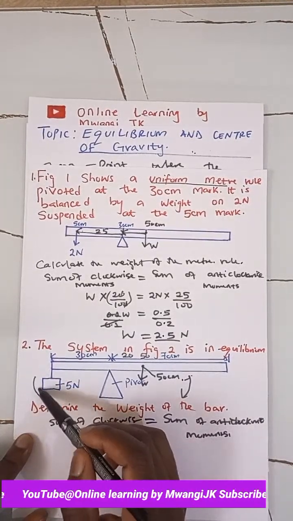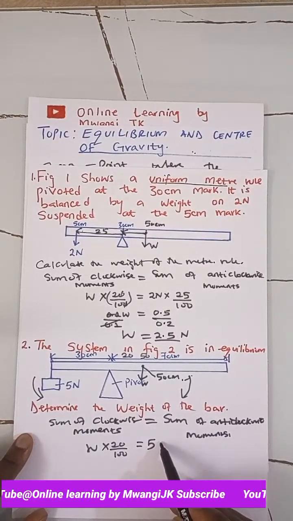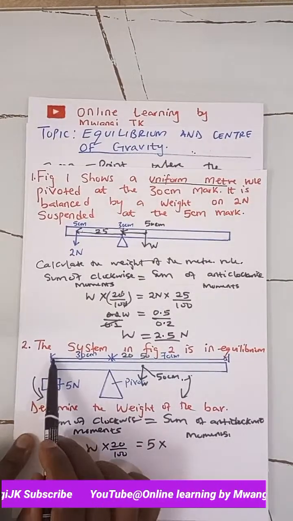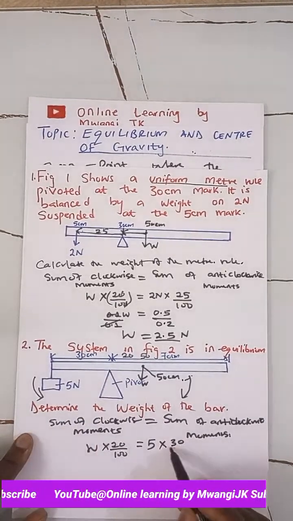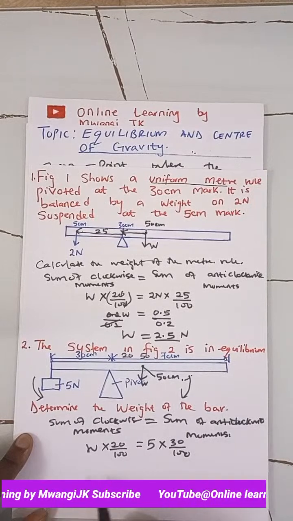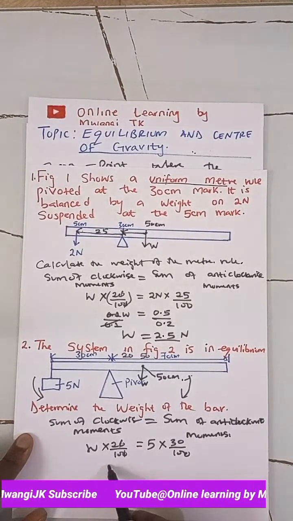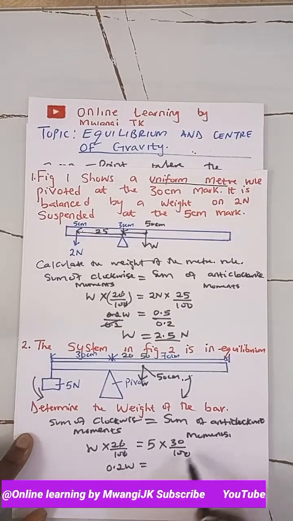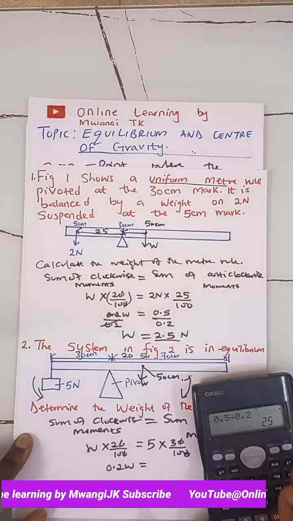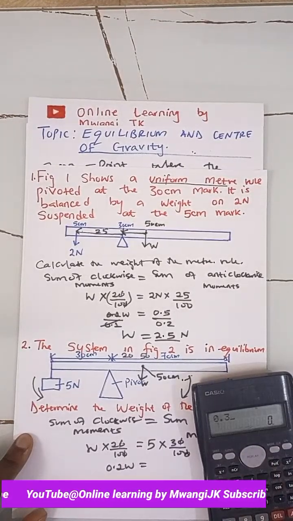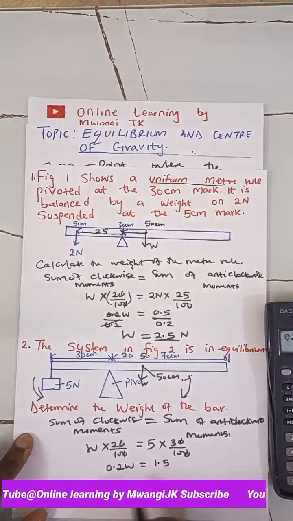This one gives the anticlockwise moment, so 5 Newton, and it is at the edge. So 5 times the distance from the pivot, which is 30, so 30 all over 100, and then we solve for W. We find that 0.2 W is equal to 0.3 times 5, which is 1.5.